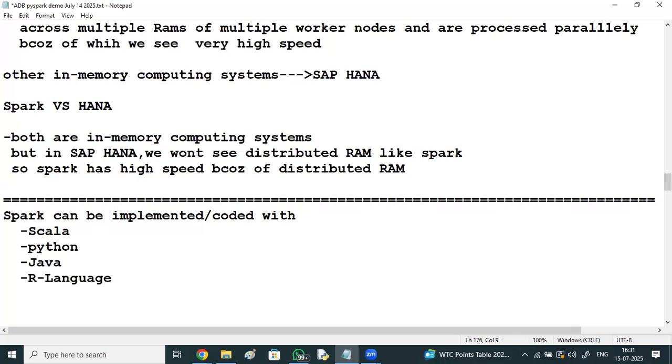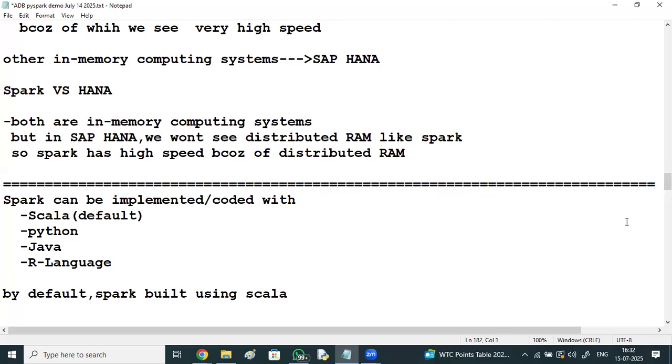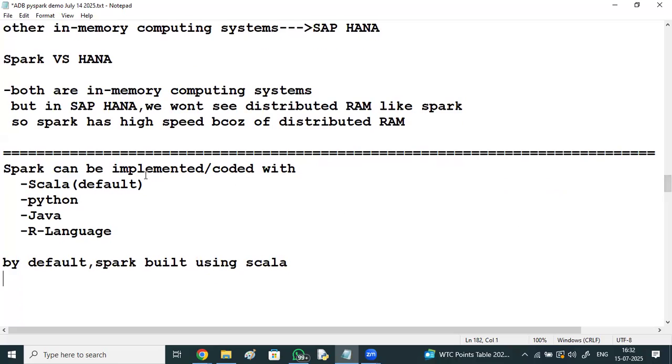By default, Spark is built using the Scala language.